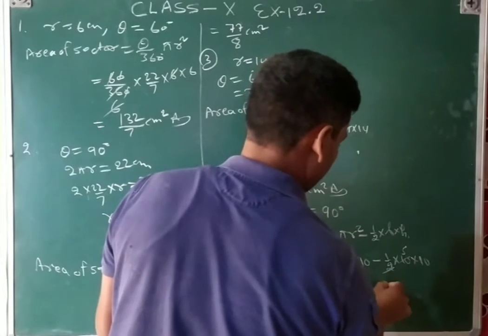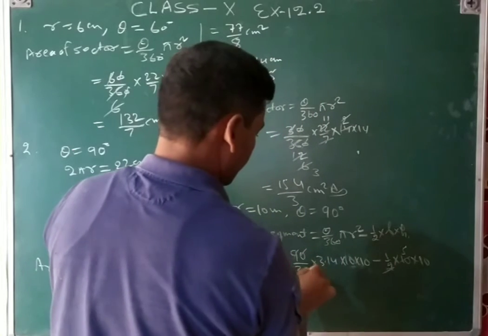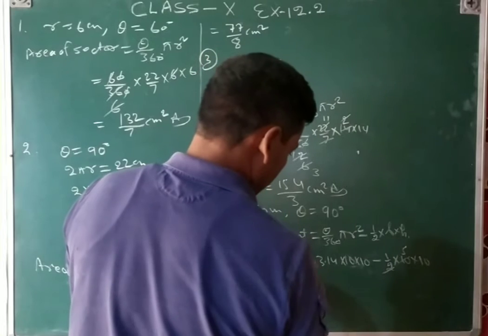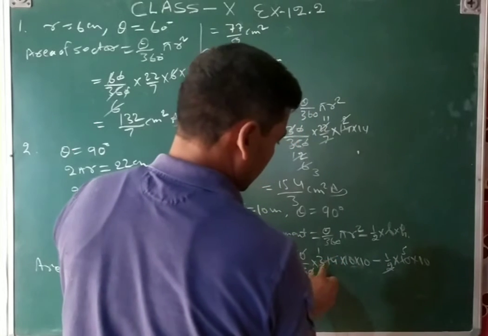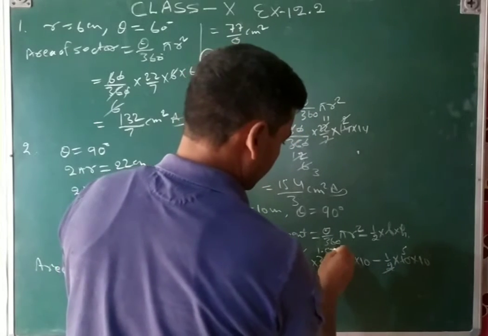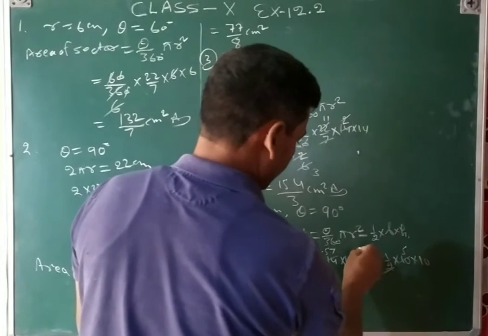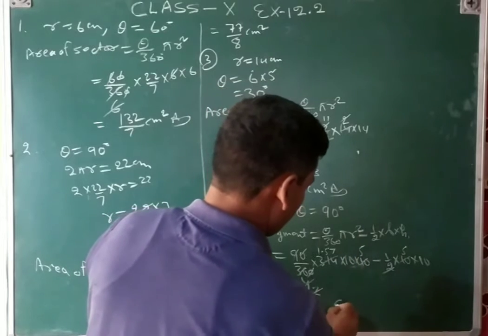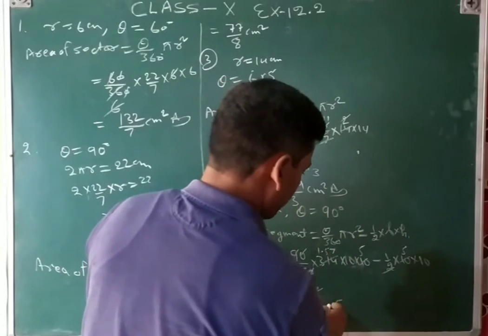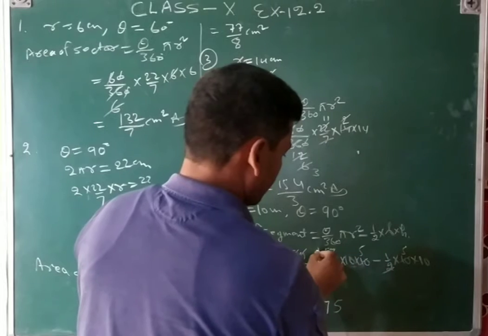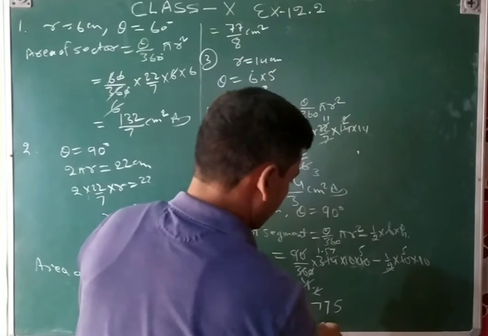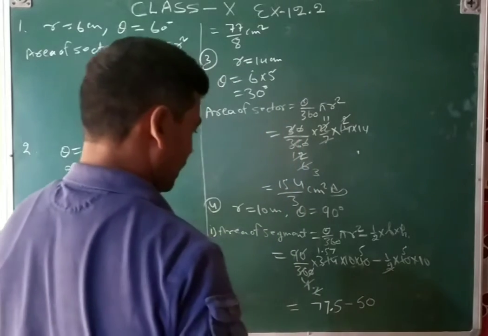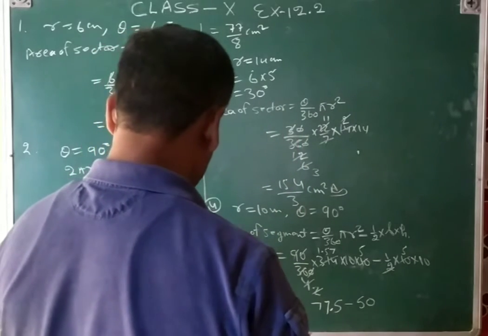So 90 upon 360 is 1 upon 4. Then 3.14 times 100 by 4 is 78.5, minus 1 upon 2 into 10 into 10 is 50.